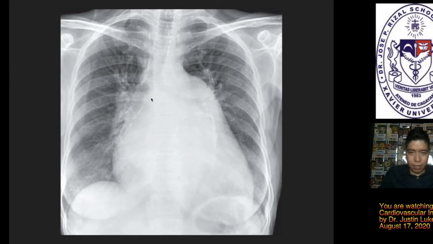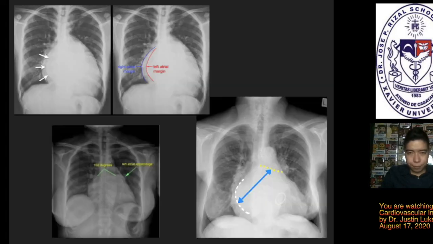Look at this area here, the central portion. It's much more dense than this region and this region. That's because of your enlarged left atrium that's superimposed with the other chambers, creating a very dense appearance in the central part of the cardiac shadow. So again, this is your double density sign.